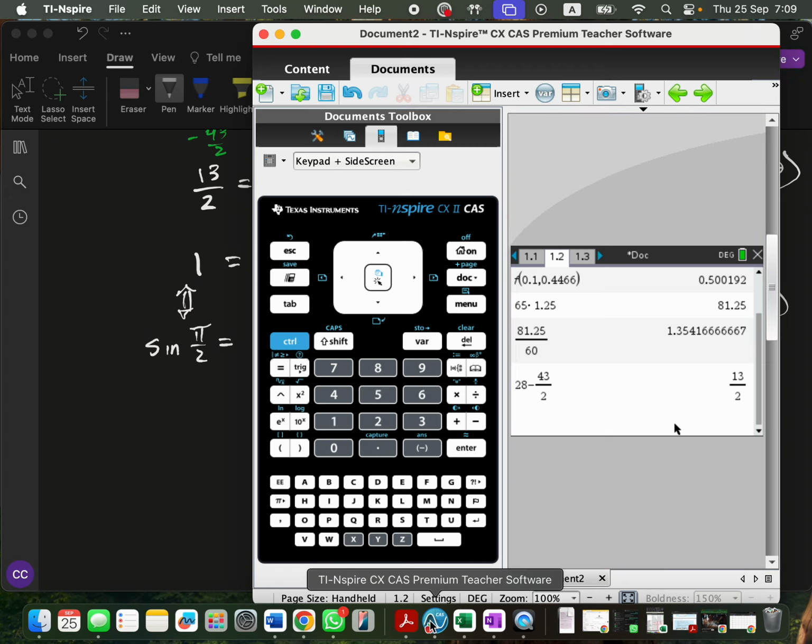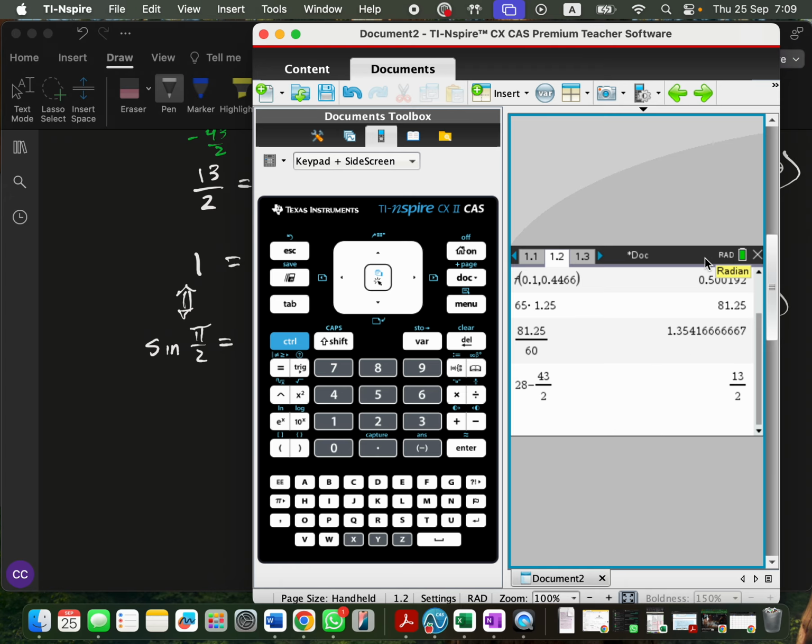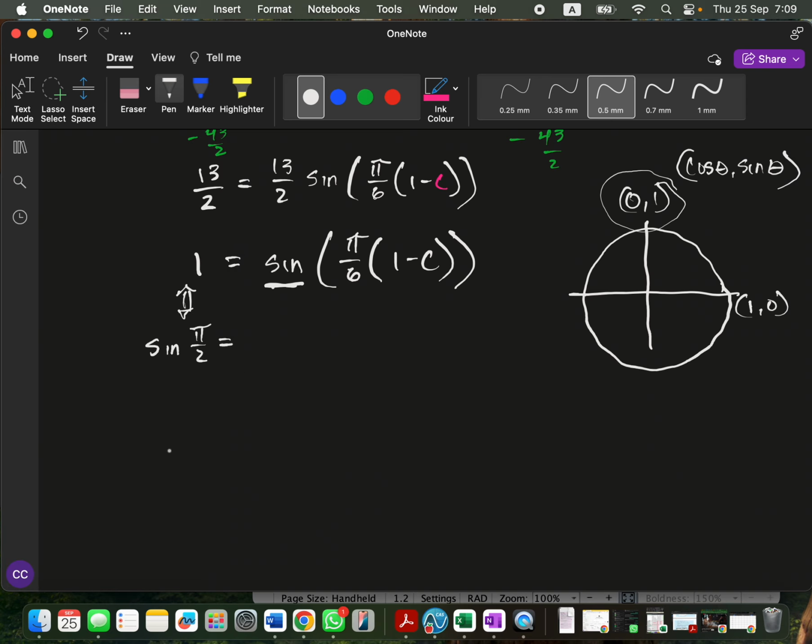Again, if I do the sine of pi over 2, I get the number 1. So I'm just replacing 1. And the reason why I'm doing that is so that I have a sine function here and a sine function on the other side.